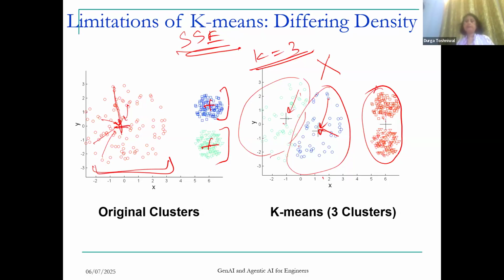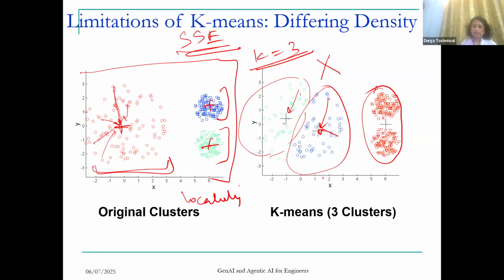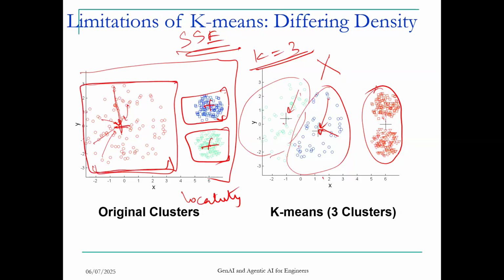I can give you an example. Let's say we are talking about this data space, and this represents a locality. In the locality, there are some communities. This is one gated community, this is another gated community, and these are some separate standalone bungalow-type houses.